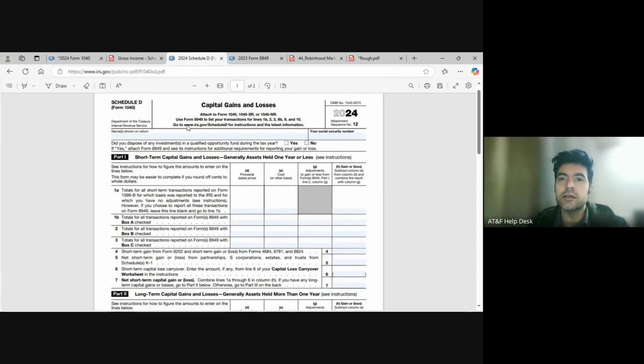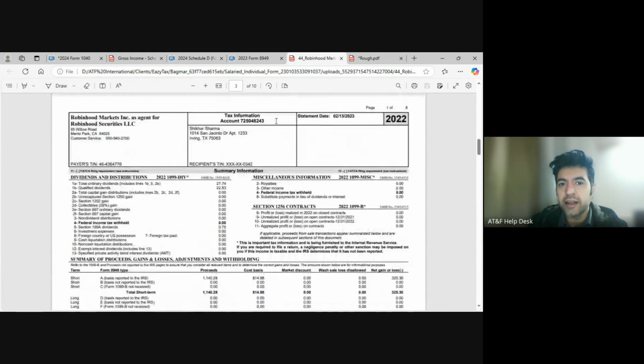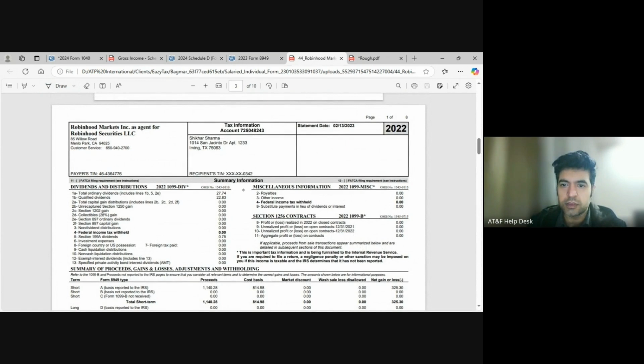For this, the source document that you will receive might be Form 1099B. So this is Form 1099B that a client can give you, which is a submission of all, like 1099 DIV, MISC, INT, and 1099B.